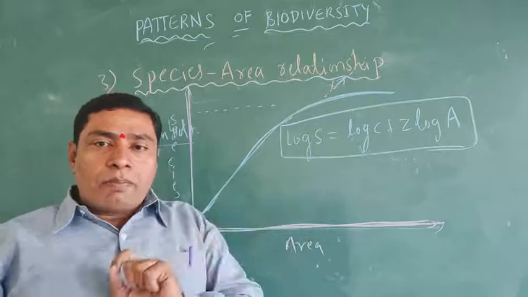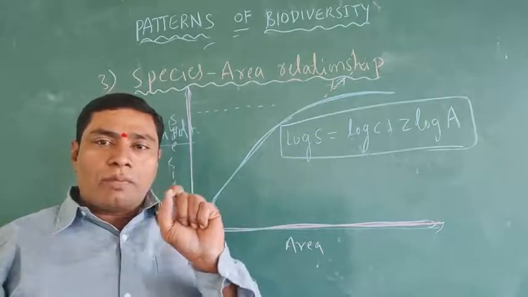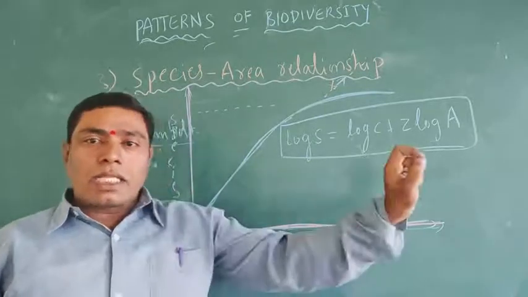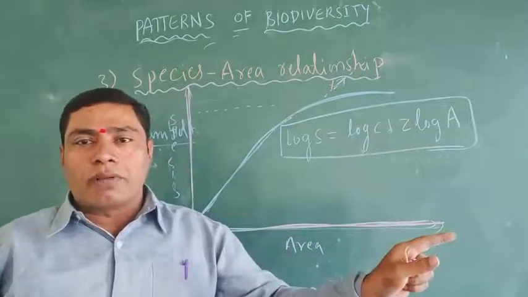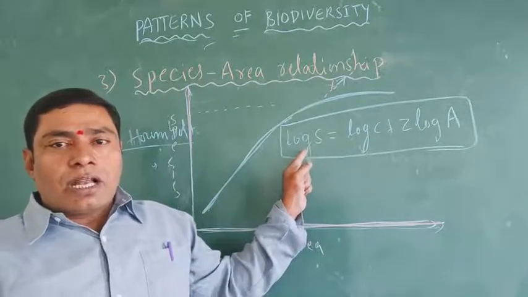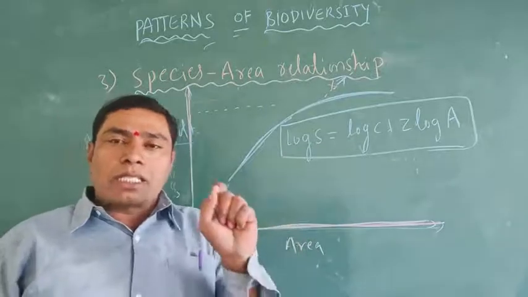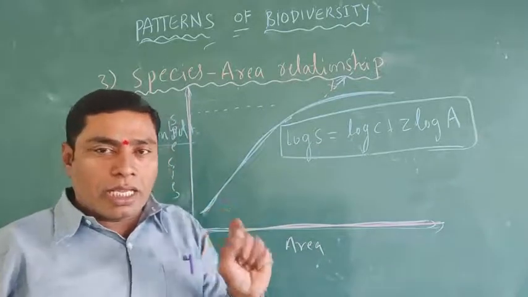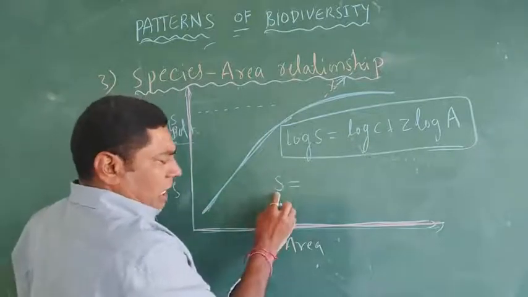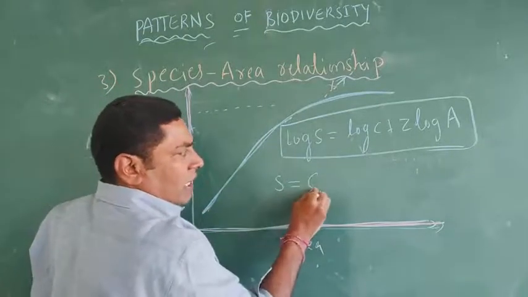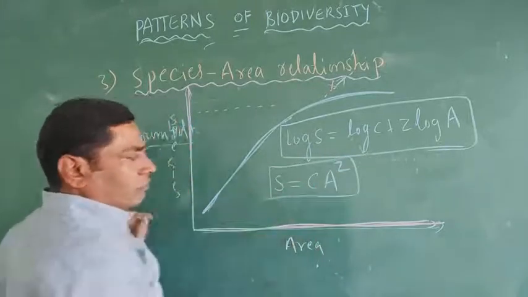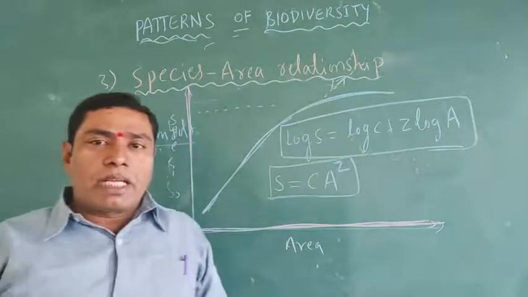It means the maximum level or the limit level of the speciation. After that, when the area increases, the speciation cannot increase. So according to Alexander von Humboldt, the equation is log S is equal to log C plus Z log A. In the first equation, the speciation is equal to the y-intercept and A to the power of z, C A to the power of z. So the maximum level will be increased.